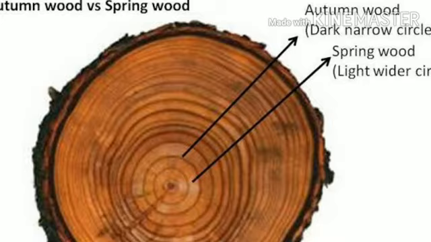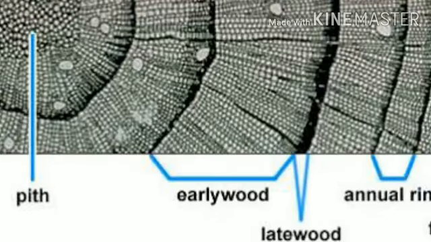Spring wood is of lower density and autumn wood is of higher density. So this is how spring wood, also known as early wood, is formed during favorable growth of a plant, and autumn wood, formed during the unfavorable period of growth in the late season, is known as autumn wood or late wood.